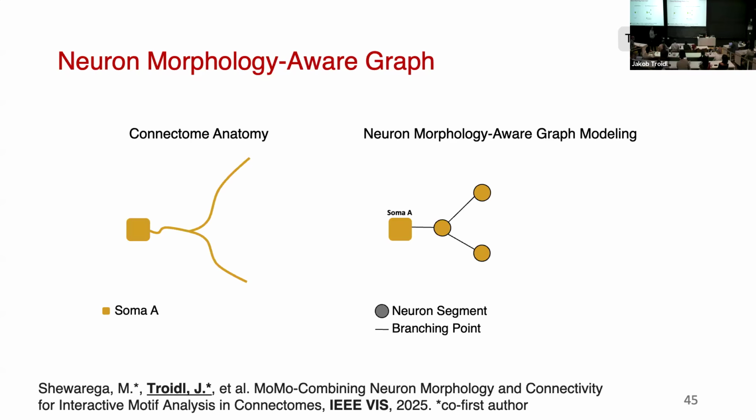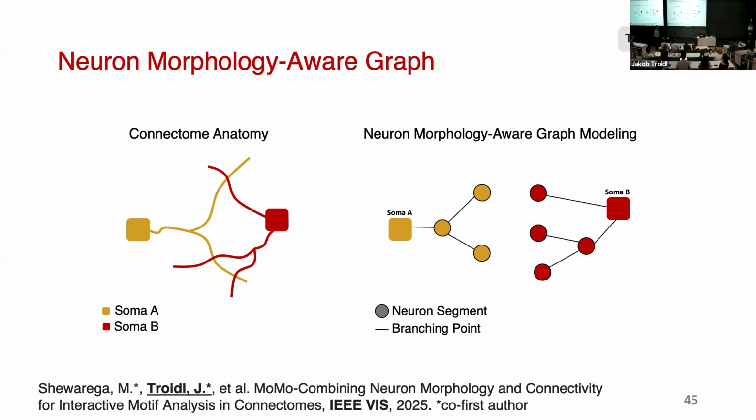By doing that, the graph reflects the branching architecture of each particular neuron. And in addition to mapping the branching structure to the graph, we also say which segments connect to each other, and those segments are then also connected by edges in our graph.